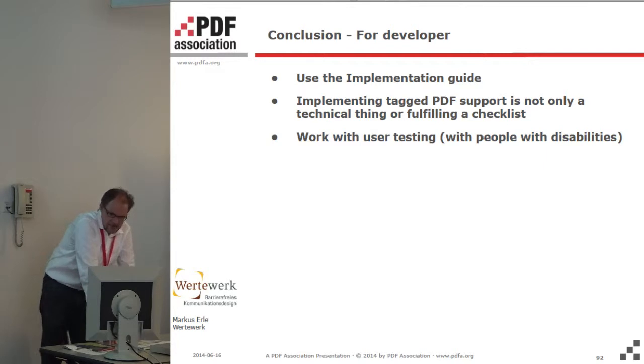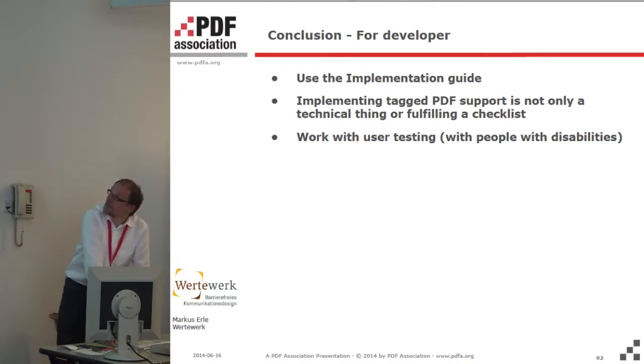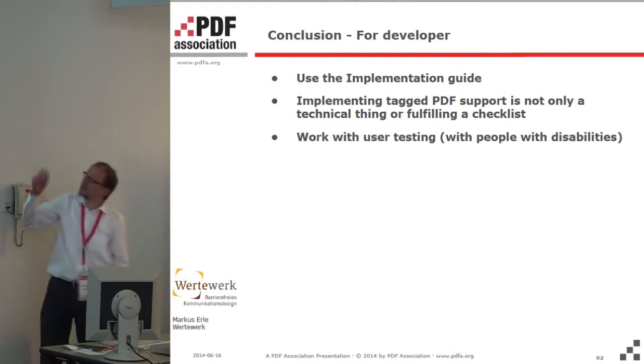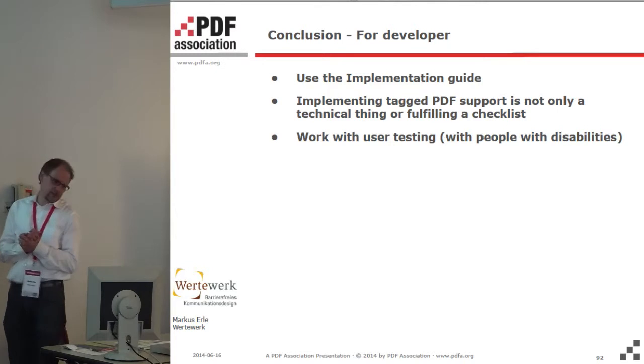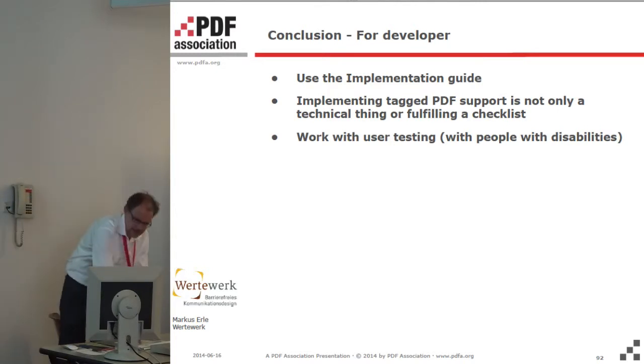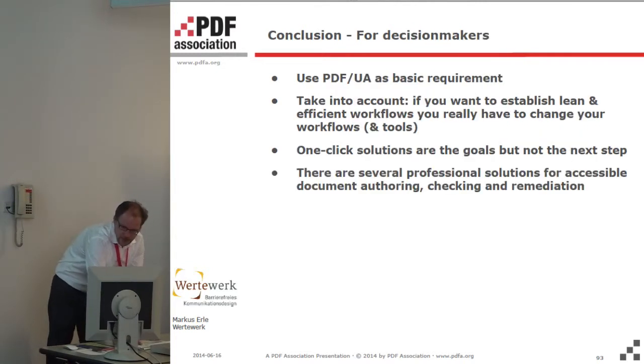implementing tagged PDF support is not only a technical thing of fulfilling a checklist. Best practice here would be to work with user testing, especially with people with disabilities. And for decision makers, use PDF UA as a basic requirement.